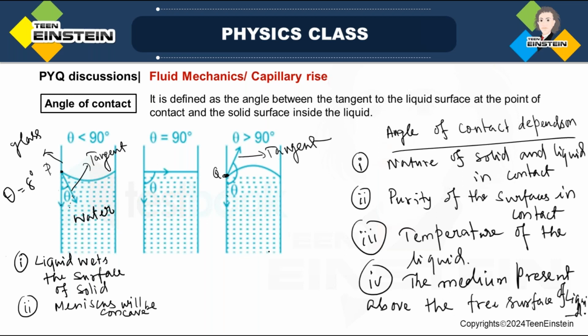Let me tell you about this. In case of mercury, this happens, when the angle of contact is obtuse angle or greater than 90 degree. There was a question in the NEET paper in the previous year's question.